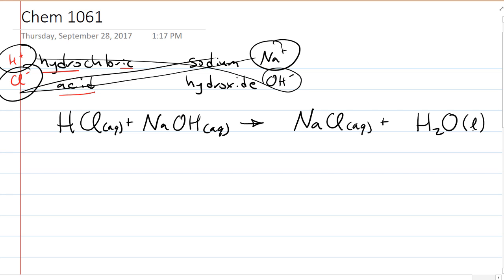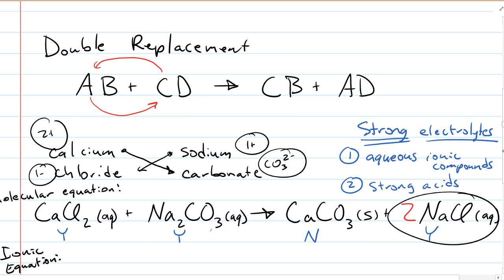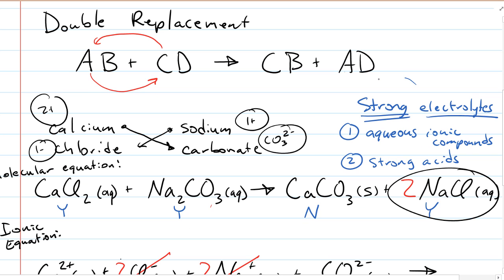So now let's go from here, and we're going to write out the ionic equation. In the ionic equation, we want to separate all strong electrolytes into their constituent ions. Is hydrochloric acid a strong electrolyte? What are those strong electrolytes again? They include aqueous ionic compounds and strong acids.